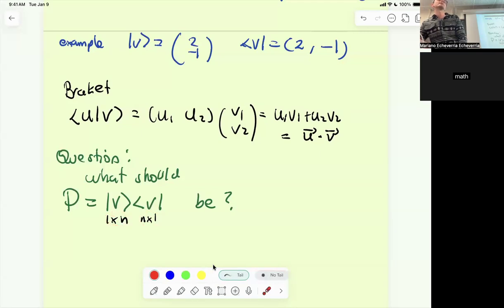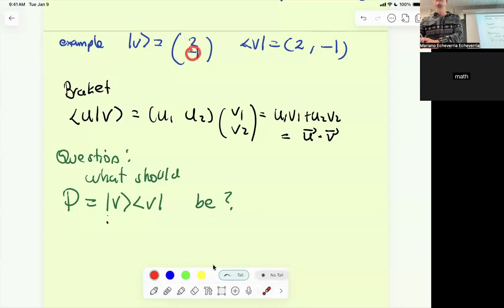Oh my God, I feel so stupid. This is a column vector, so it's n by 1, and then the other is, no, what's happening here?